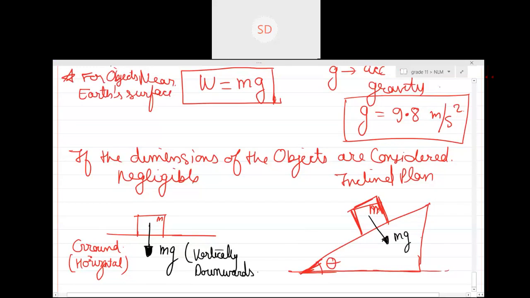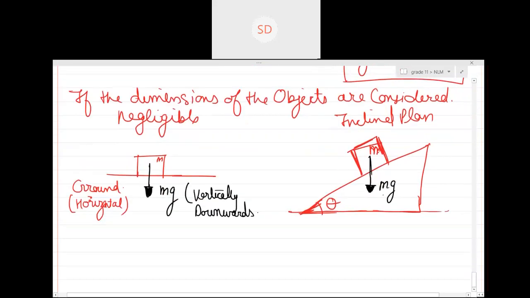Will mg be like this? No, sir. No, mg will not be like this. Then how will mg be? Will mg be like this? Yes, sir. So always remember the force mg is acting vertically downwards if the object's dimensions are small. Is this fine, guys?